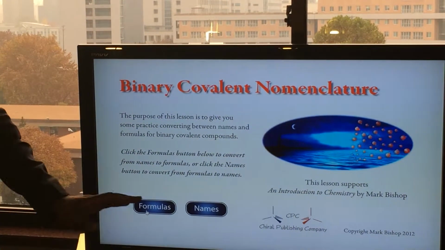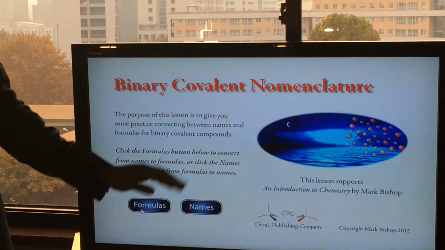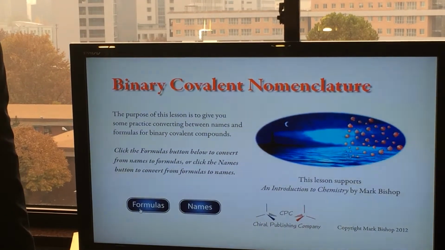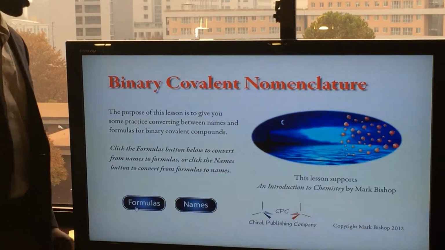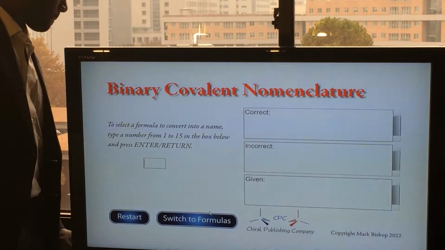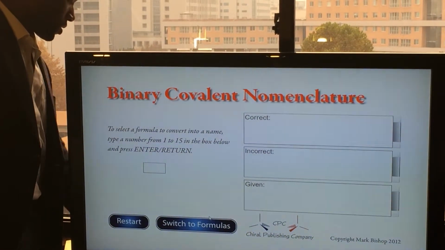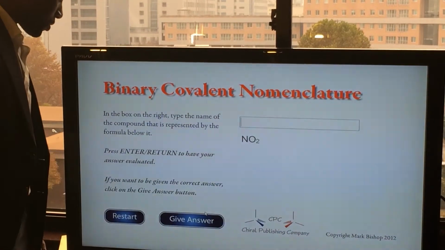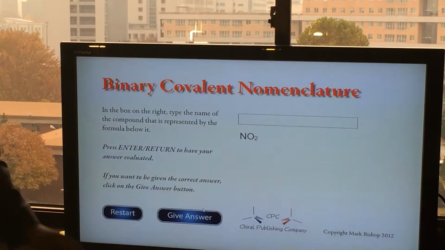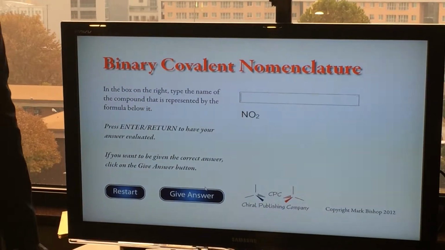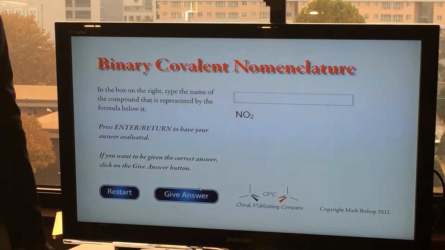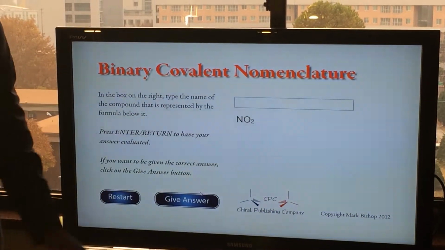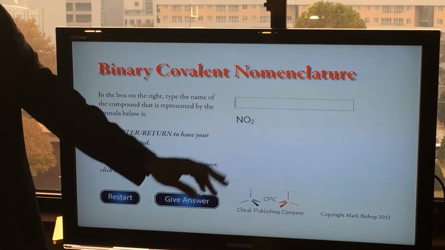Okay, so this is just an opportunity to name the binary covalent compounds, but this is pretty easy. We should look at some examples of going from the formula to the name. So what is this? You have 1 nitrogen and you have 2 oxygens.